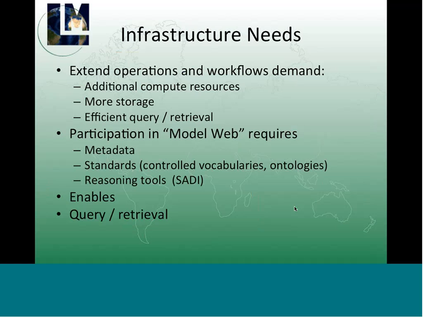And we've decoupled our compute services from the rest of the infrastructure, and now we have that deployed in several different places. So that's something we're working on right now. Another issue is that we're expanding our archive to do more of these multi-species analyses, and so storage is becoming an issue, and not only just the size of the storage itself, but allowing efficient query and retrieval over that storage.